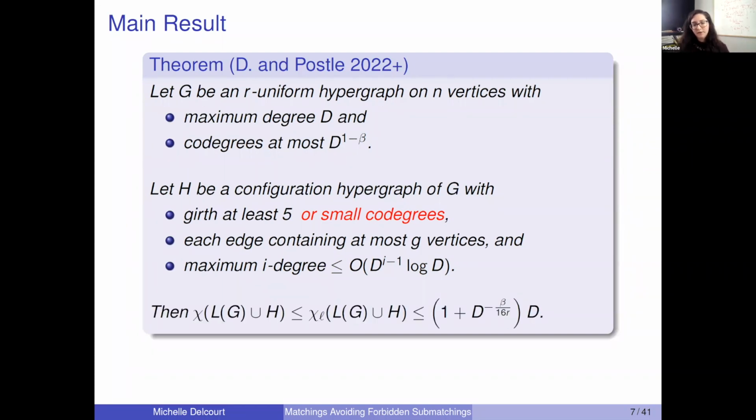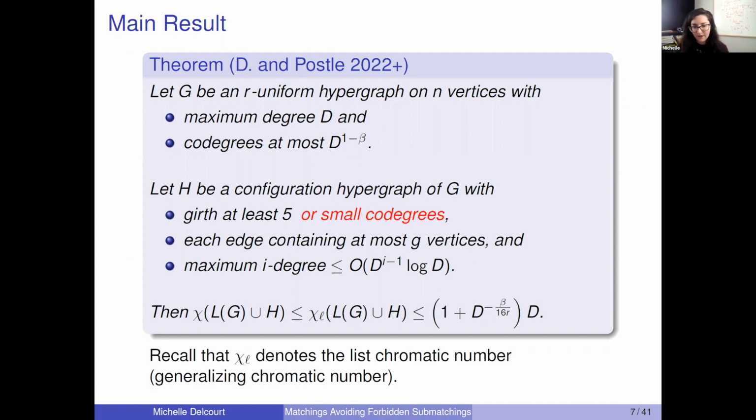If we have all of these conditions, then we can say something about the chromatic number of the line graph of G union H. Furthermore, we prove something even stronger: we prove it for the list chromatic number as well. If you know what that is, it's just a generalization of the chromatic number. We prove that this is bounded above by 1 plus d to some error term times d.